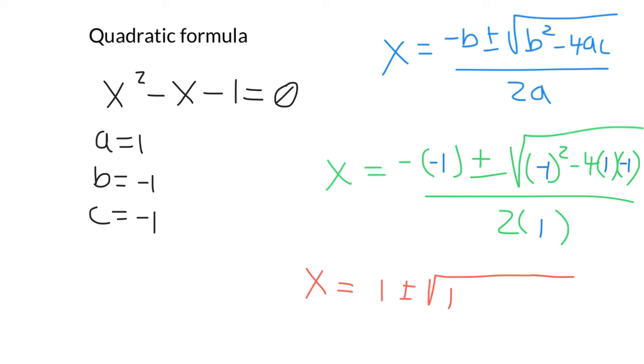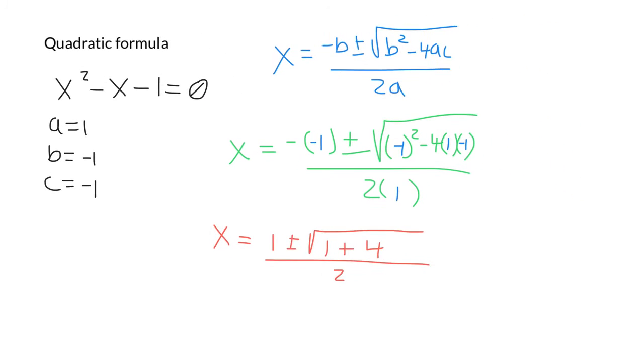Will that be positive or negative? Well, it turns out that a negative times a positive times another negative is going to be positive. So then you just write plus there. Then you ask yourself, what is 4 times 1 times 1? Oh, it's 4. So you just write 4. And then it's going to be 2 times 1 down below, so that becomes that.